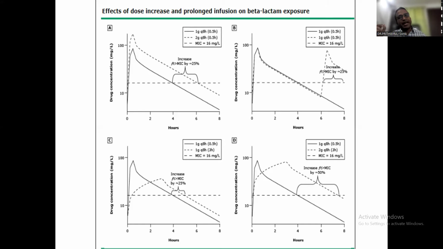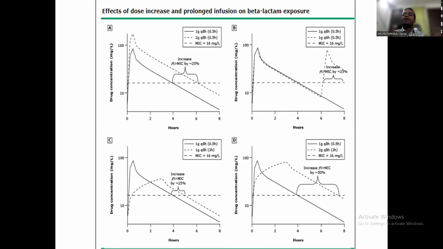So if you are getting meropenem resistant, look into the MICs. If the MIC is up to 16 maximum, some say 8, some say 16, okay, then you can cover those bugs with a higher dose of meropenem, that is 2 gram, and by an infusion, keeping in mind the organ failures.